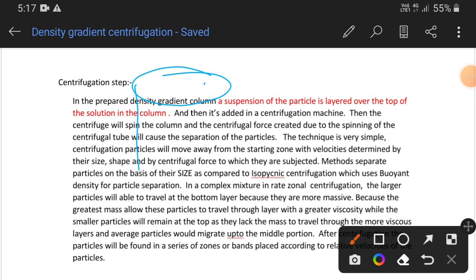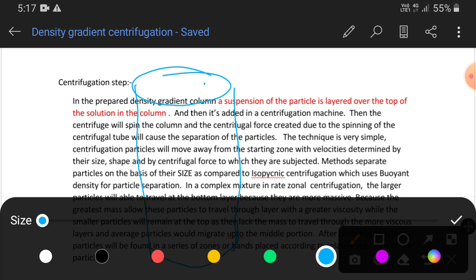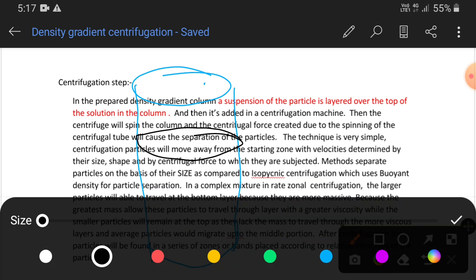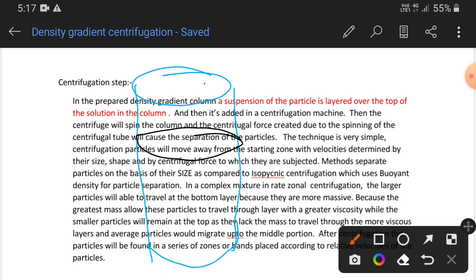So this is our tube, and up to that line, say this is our column. Now we have placed a suspension of particles. This suspension of particles will start migrating downward at different velocities depending on their sedimentation rate.